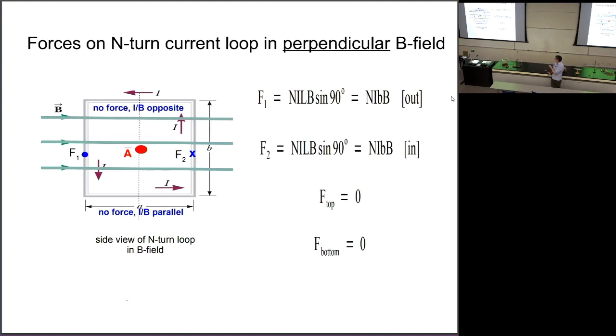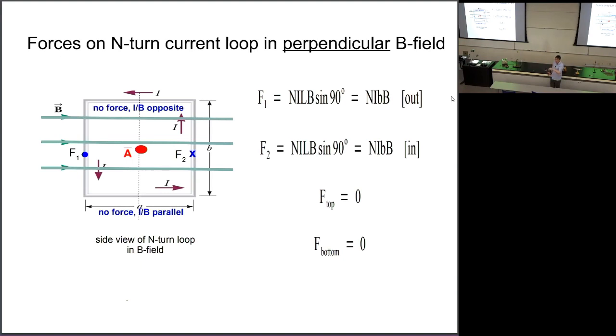Who's N? N was, this is a loop of wire, it's N turns of wire. So this current is flowing around N turns of wire. The total current is NI down any length of wire.